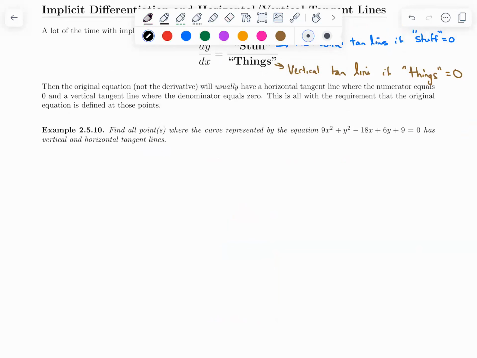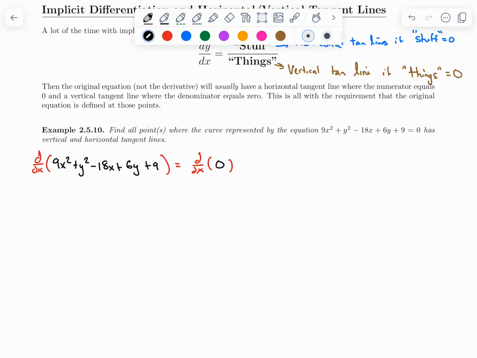So first things first, d dx of both sides, because we need to find dy dx. So d dx of 9x squared plus y squared minus 18x plus 6y plus 9 equals d dx of 0.